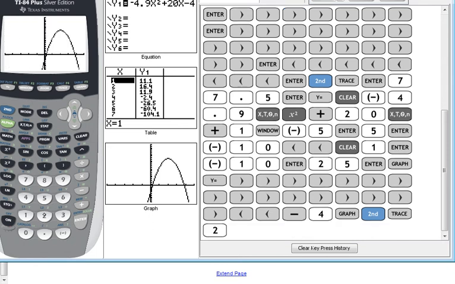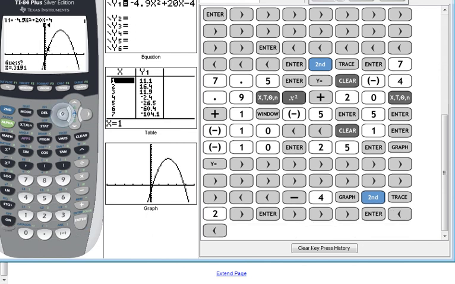So go to number 2. We want to find that 0, so left bound, right there. Now go right bound, right approximately right there. Guess, let's put it right on it as close as we can. At 0.21 seconds, my y is 0. So that's going to be one of my answers.